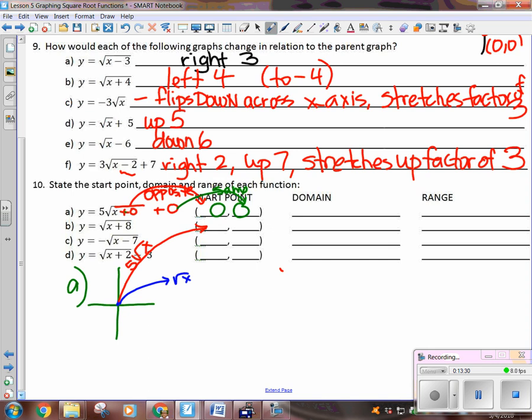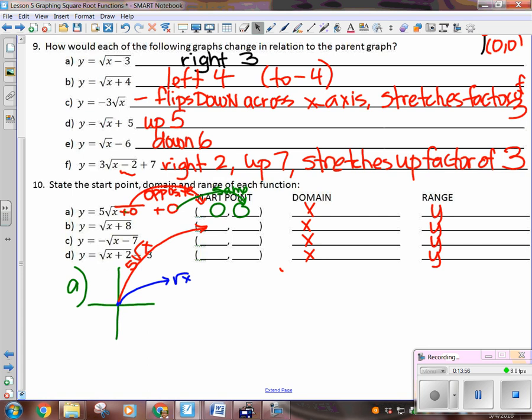Okay, what's my domain? Here's what I want to point out. What letter do you associate with domain? X. And every one of these is one-sided, so we just need x on one side. What letter is associated with range? Y. Domain: sweep your hand across the x-axis.